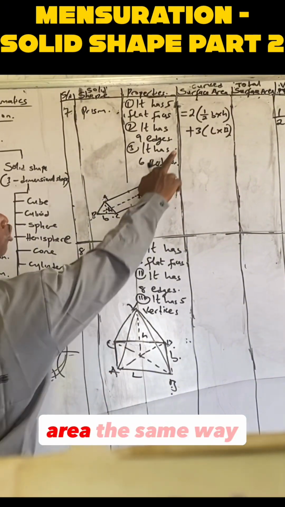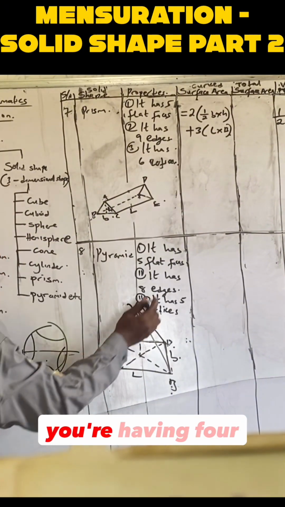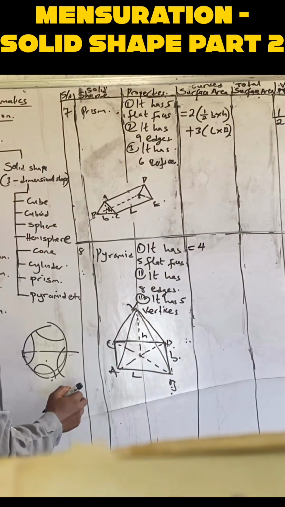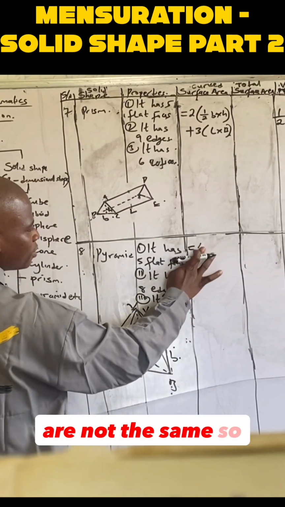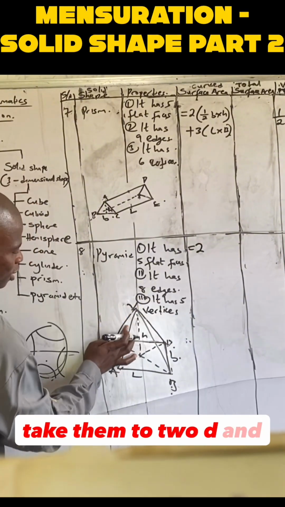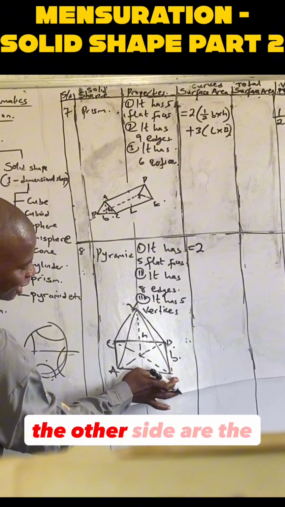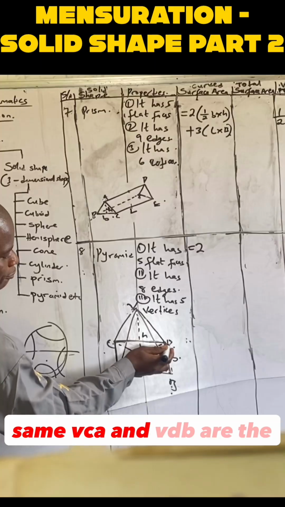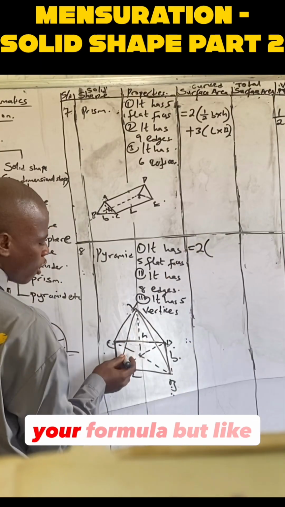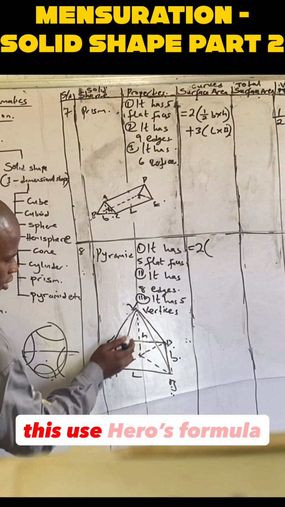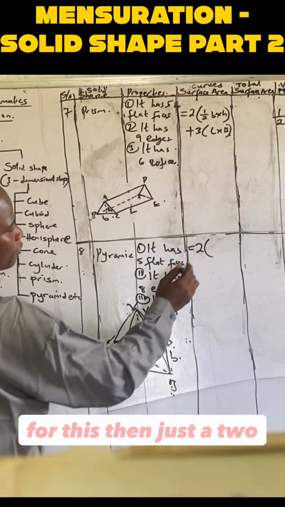So the surface area is the same way. You have 4 triangles, though they are not all the same. VCA and VDB are the same, so take 2 of them, and you can use Hero's formula for this.